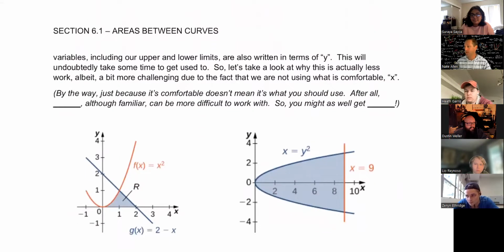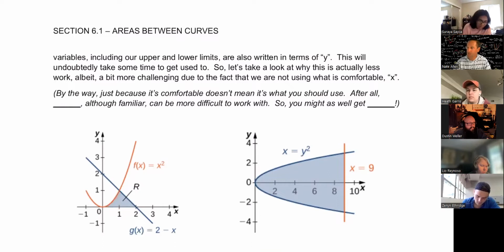Take a look at these two examples, and then we'll fill in those blanks. Now, obviously, you can see that first example here. Our upper function is just f, and there is no lower. So we would just be finding this.